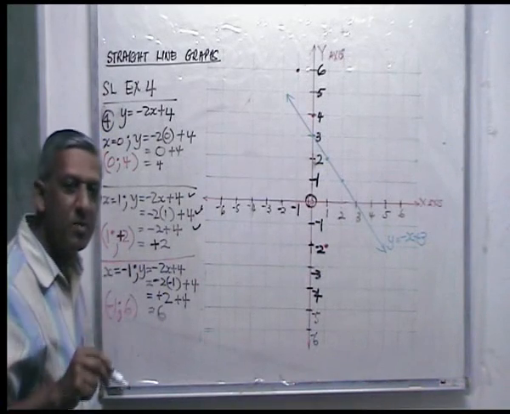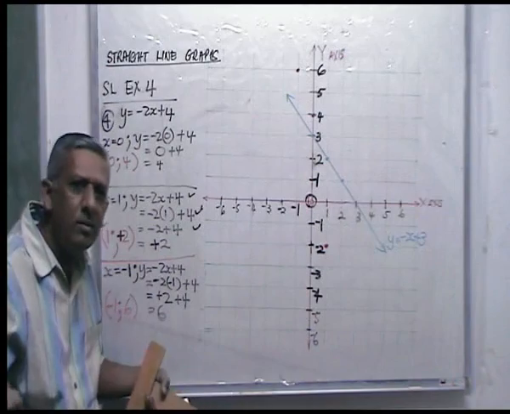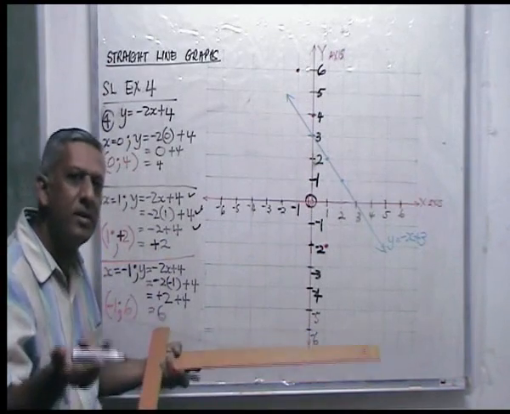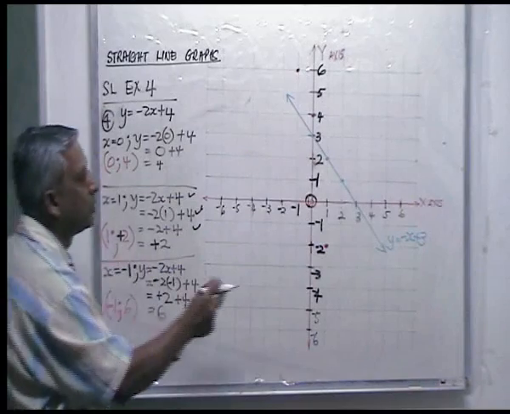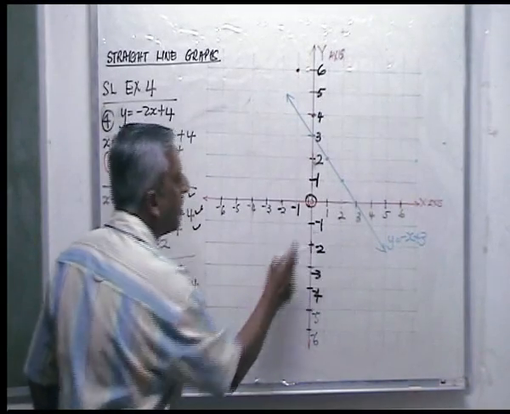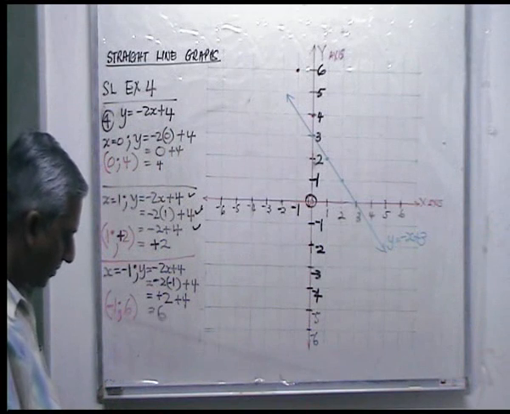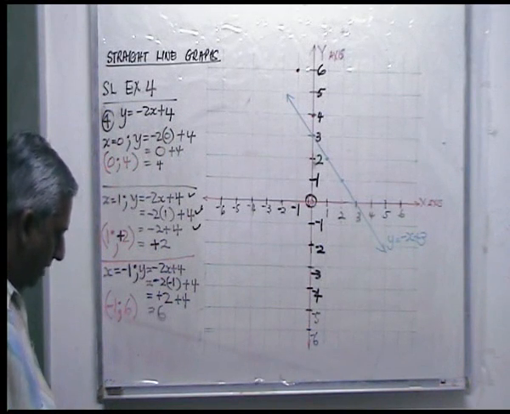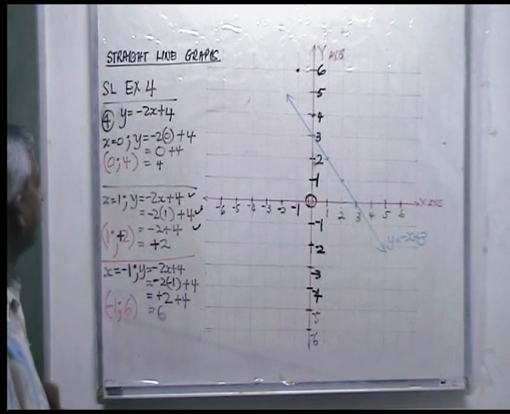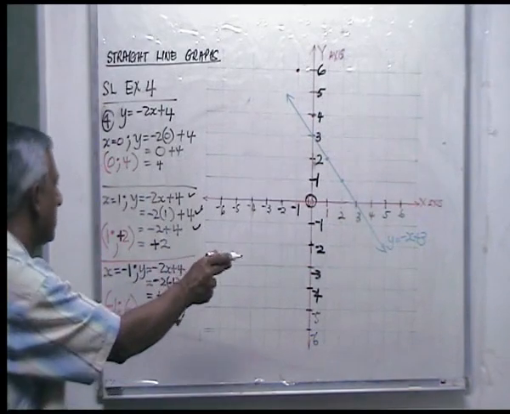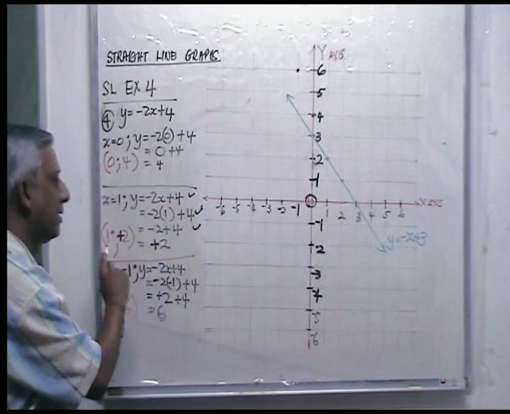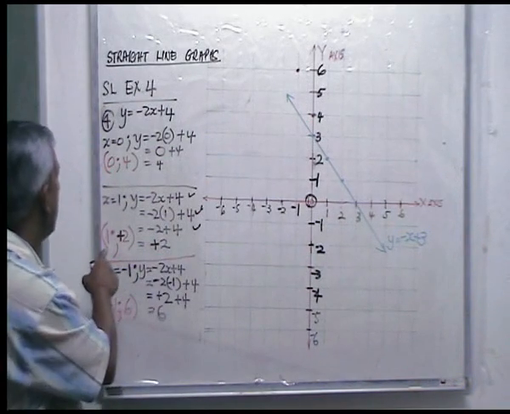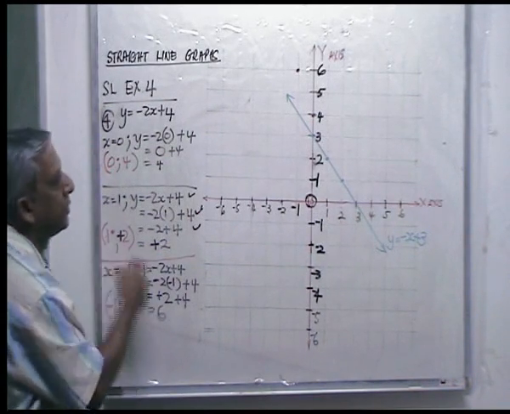So you see, even I make mistakes, and it's no problem. We all make mistakes. Go back, check your work, and correct it. So this point is not the point. We take it out. There's a saying in life that you learn from your mistakes. So from that mistake, we learned to go back, check your work, and then correct it. So the ordered pair is actually 1, 2.